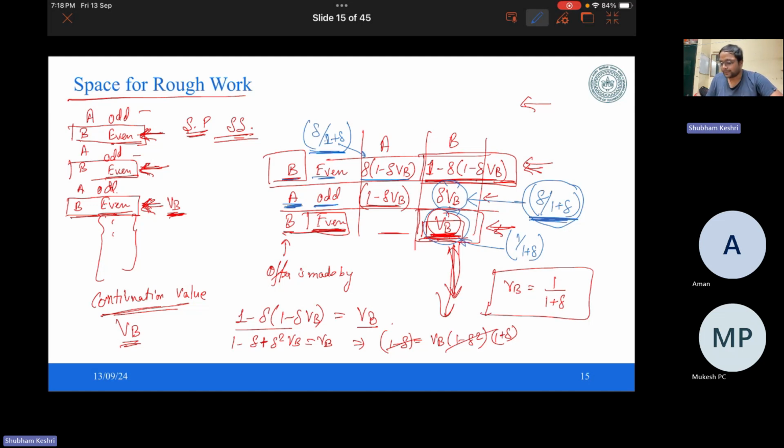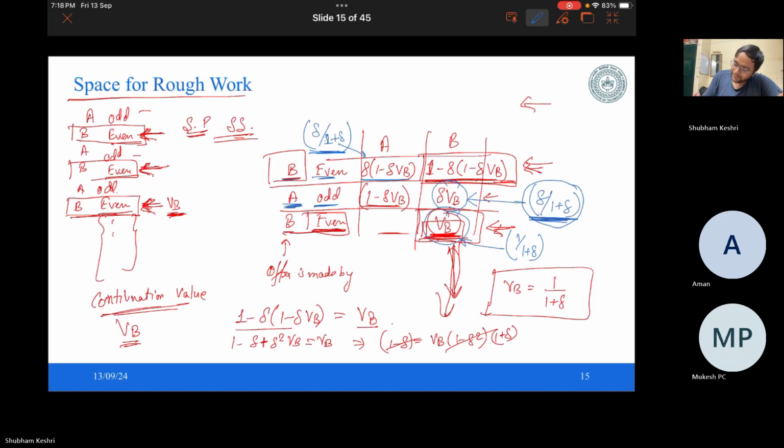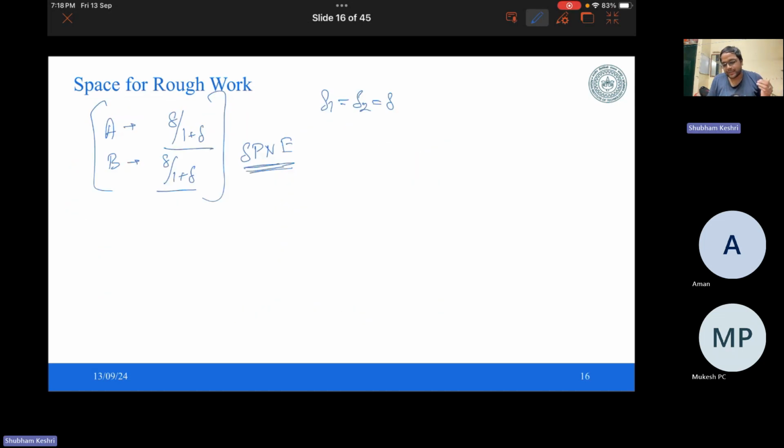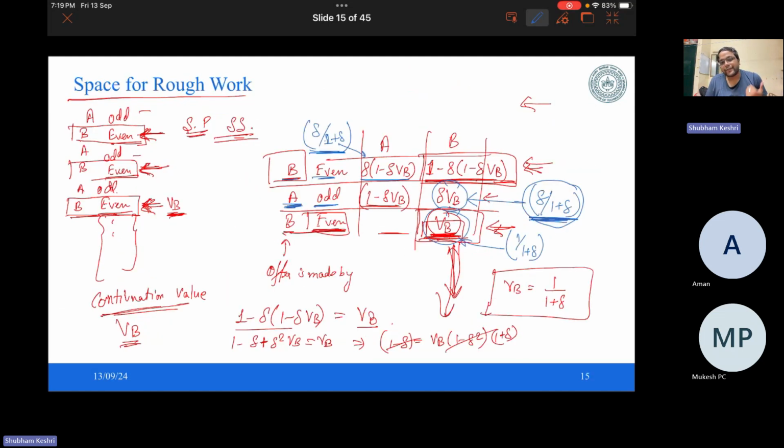Before that, this is the subgame perfect Nash equilibrium of this game. Is that all right? Yes. Now, when we have this subgame perfect Nash equilibrium, similar to the previous games, this game will not move on to infinity. At the first stage only, A will make that offer and B will accept that offer.